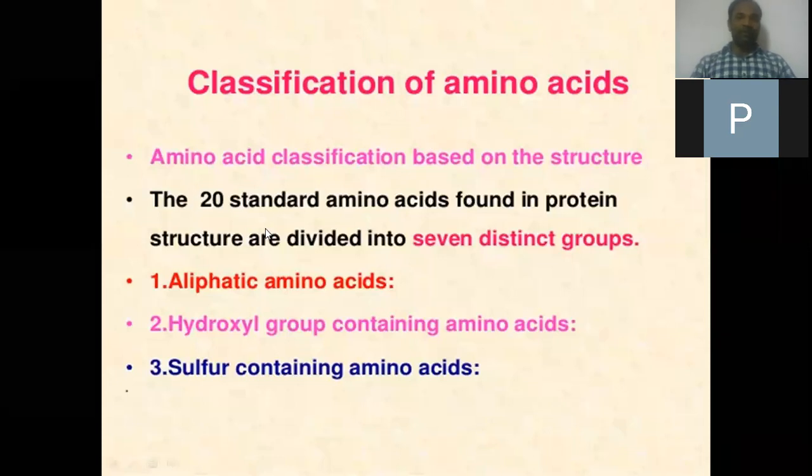The 20 standard amino acids found in protein structure are divided into 7 distinct groups. मतलब उस amino acid का structure कैसा है, उसके basis पे उसे classify किया जाएगा. जैसे कि हमें पता है कि 20 basic amino acids होते हैं, ठीक है.